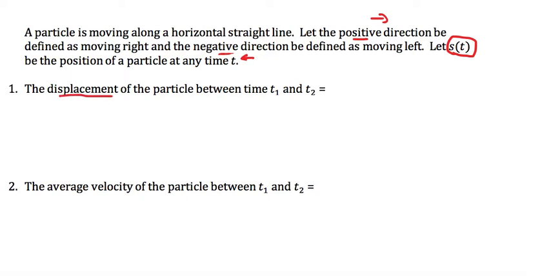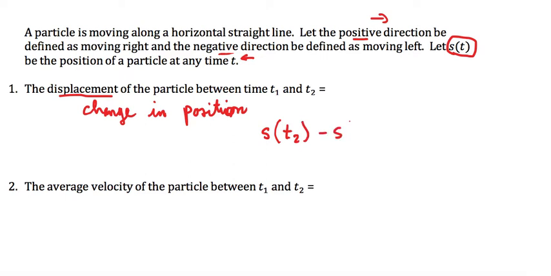Remember that the displacement is the change in position. So, not too surprisingly, this would be represented as s of t2, the position of the particle at time t2, minus s of t1, the position of the particle at time t1.